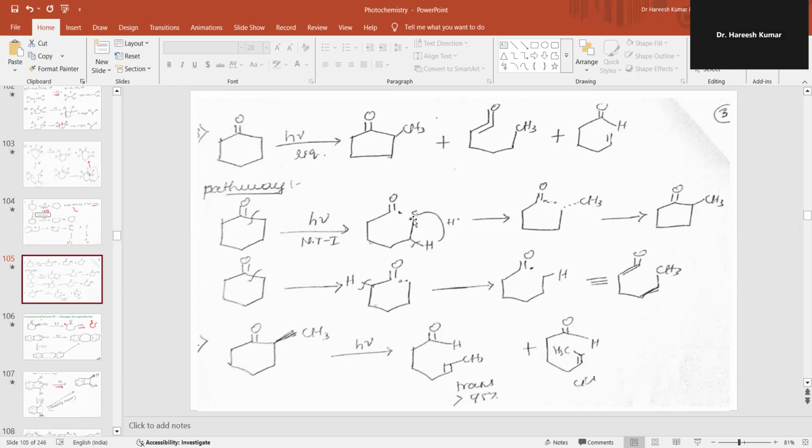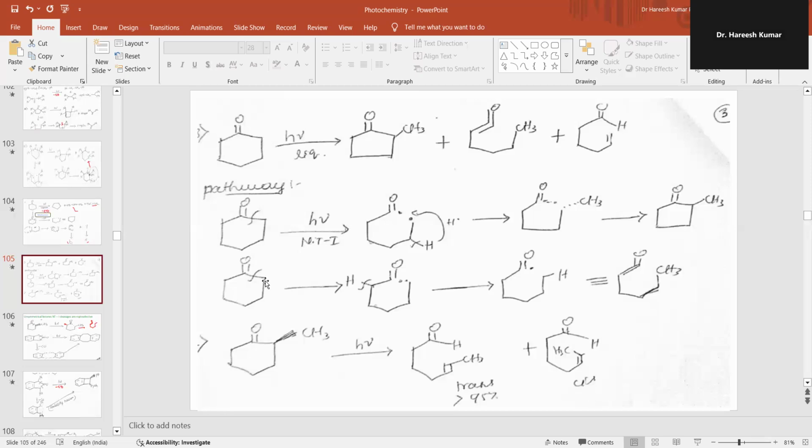So that means the CH2 radical is converted into CH3. Then a secondary carbon radical is forming. This radical and this carbonyl radical, the acyl radical, if they form a bond, then the obtained one is a cyclopentanone. Methyl cyclopentanone will be the product.